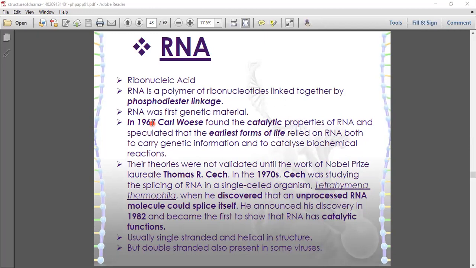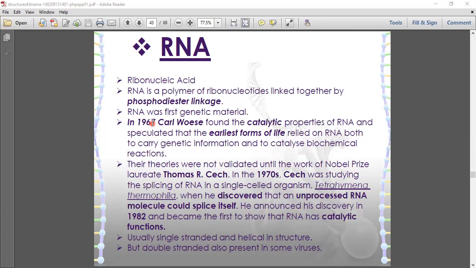After that, Carl Woese, who found out about catalytic RNA, changed the idea of the structure of RNA and its function.